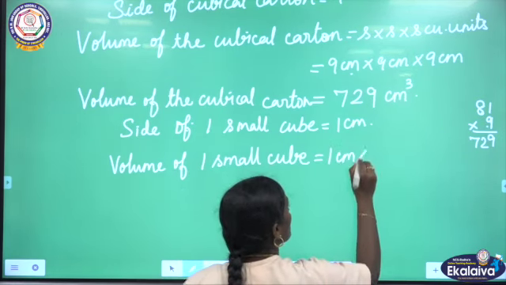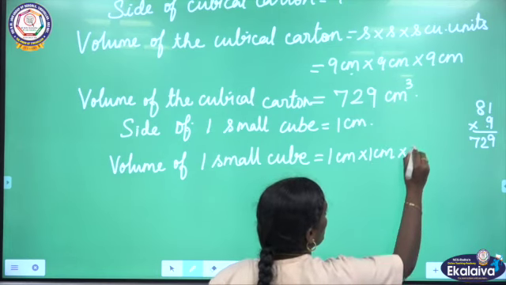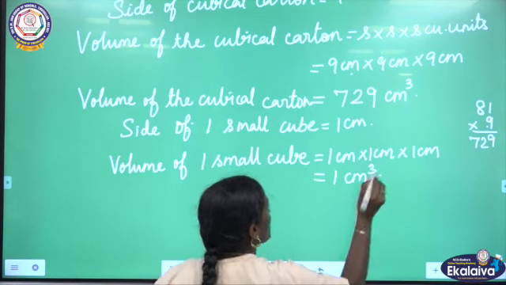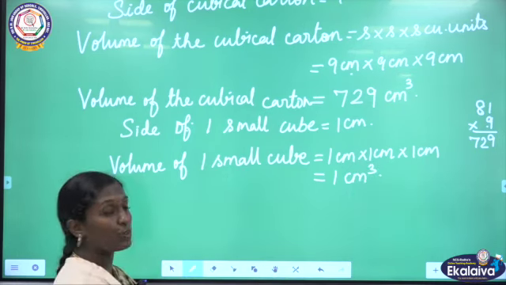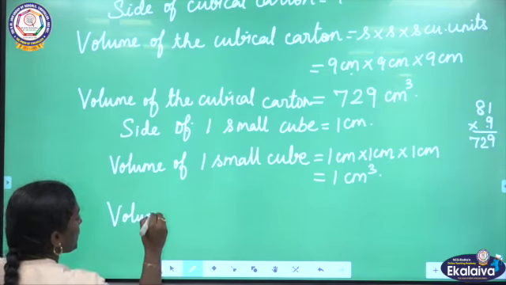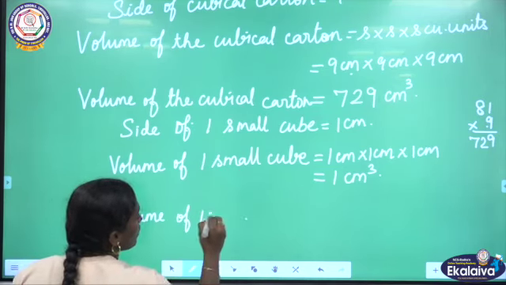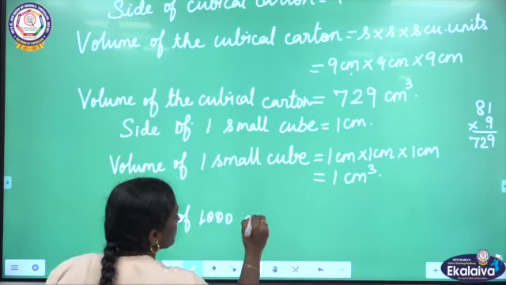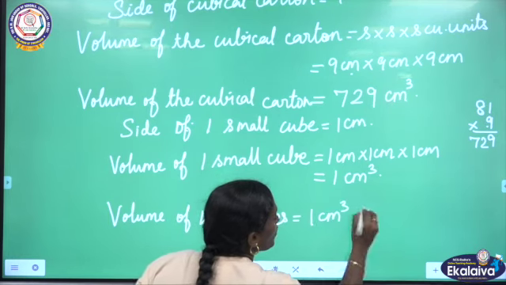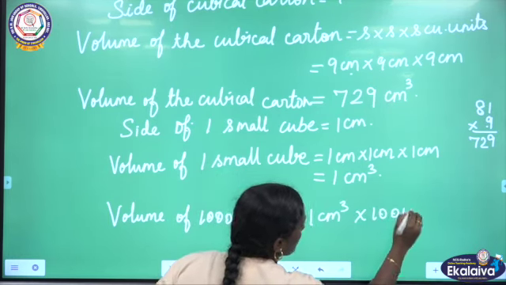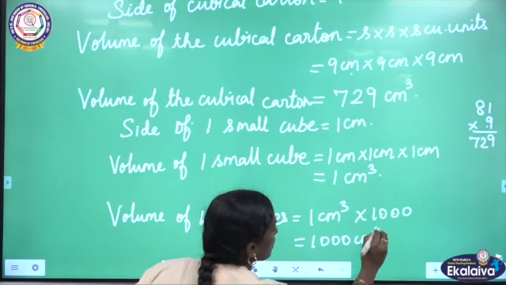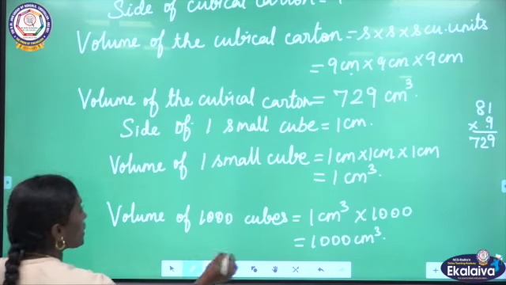So 1 centimeter into 1 centimeter into 1 centimeter. Then we will get 1 centimeter cube. This is the volume of one small cube. Now we have to find volume of 1000 cubes. Volume of 1000 cubes is equal to 1 centimeter cube into 1000. Then that is 1000 centimeter cube. This is the volume of 1000 cubes.